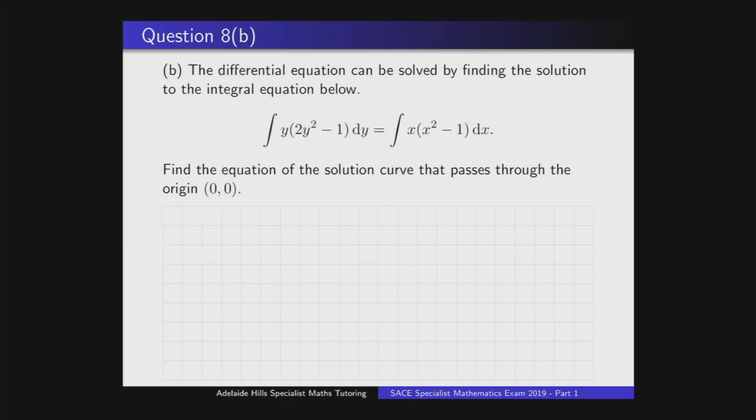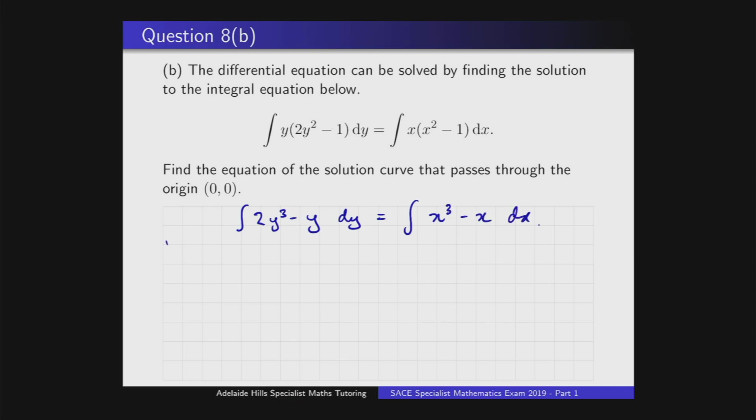We want to find the equation of the solution curve that passes through the origin (0, 0). So the first thing to do is write this integral out again, but expand the parentheses. So we get the integral of 2y cubed minus y dy is equal to the integral of x cubed minus x dx.